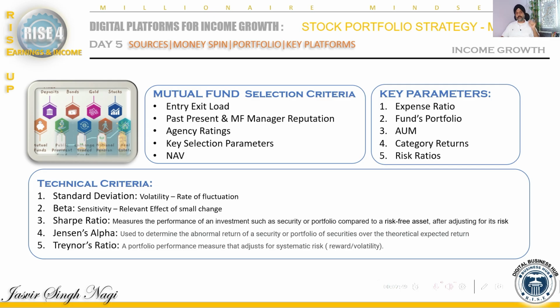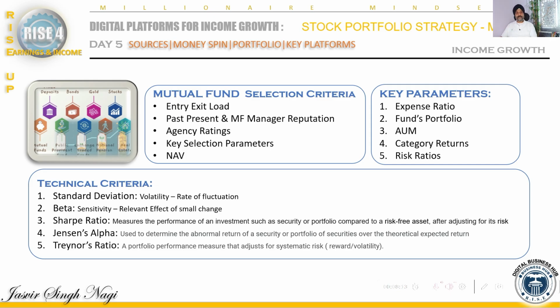Beta is sensitivity. That means what small news or small change here can create, either a rise or a fall, right? So that's the second element. So standard deviation, beta is that. The Sharpe ratio measures the performance of an investment, such as the portfolio of companies we're talking about, compared to a risk-free asset, where there's zero risk, right? Compared to that, how will it perform?